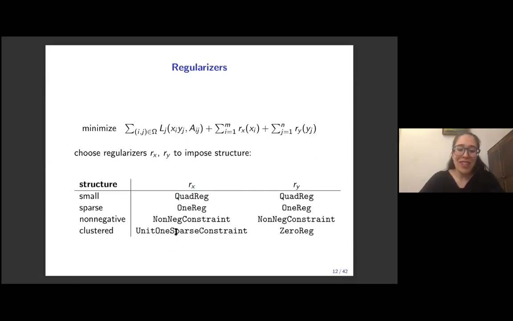And finally, I want to mention another interesting combination of regularizers. You can ask for the entries of X to have exactly one 1, and the rest zeros, and put no regularization on Y. And if you do alternating minimization on that objective, it reproduces Lloyd's k-means algorithm.